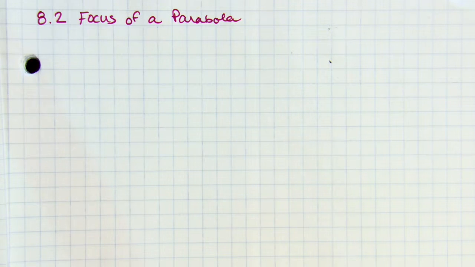In 8.2, we're going to be talking about the focus of a parabola, which is just a specific point on the graph of a parabola.